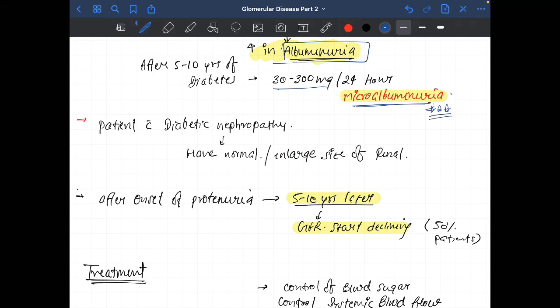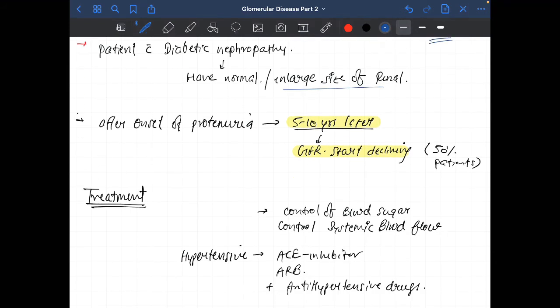Patients with diabetic nephropathy have normal or enlarged kidney size. There can be normal size, take note, or enlarged size. So renal size will not tell you about the disease, but the thickening of the GBM and the expansion of the mesangium will tell you.